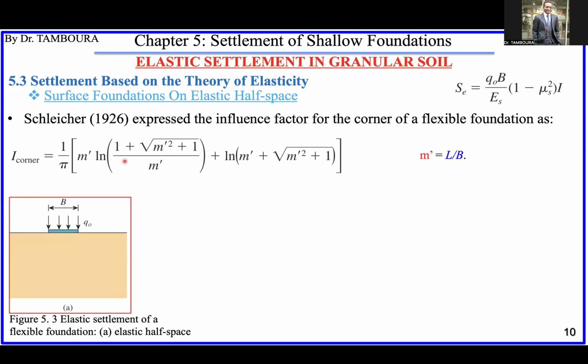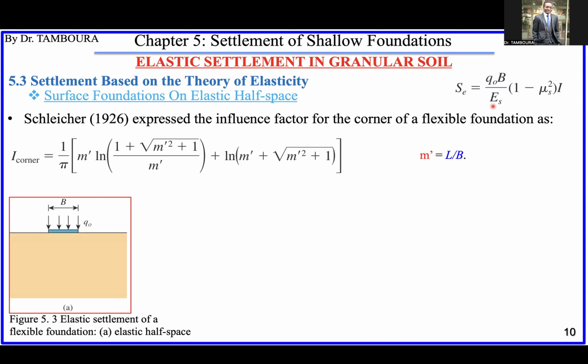Okay, so M prime in this equation, which is the only unknown in this equation, is this one, L divided by B. L, which is the length of the foundation, B, which is the width of the foundation. Okay, so if you have this ratio, replace this ratio in this equation and you will get the value of I, and then you will be able to calculate the settlement on a granular soil based on theory of elasticity.